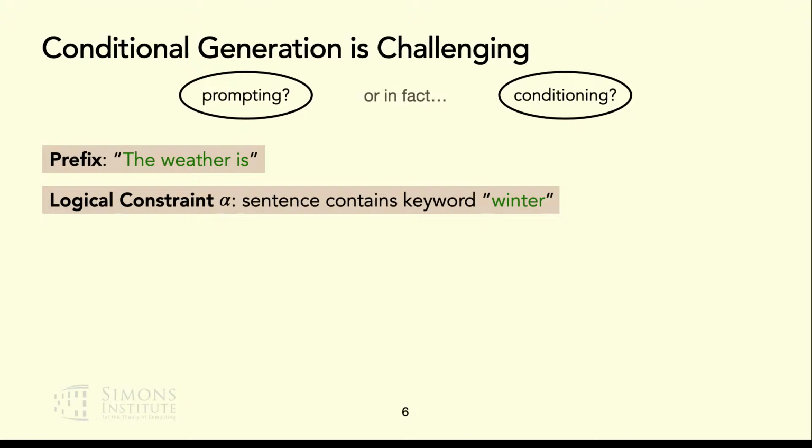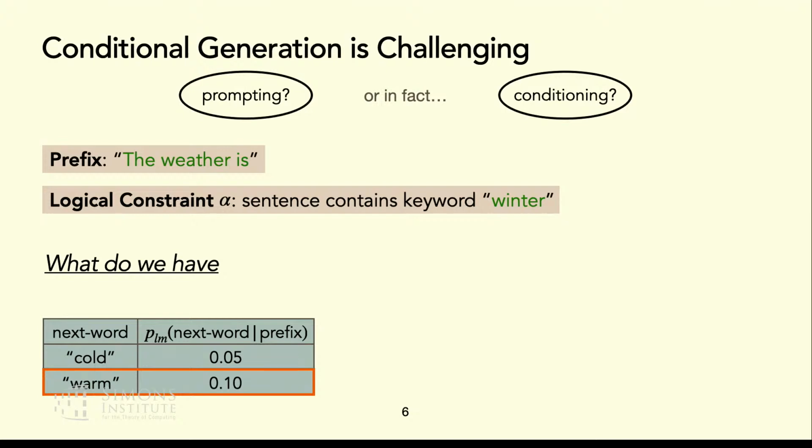What the language model gives us is the next token, next word probability. So basically, given "the weather is", it might prefer "warm" or "cold". Its prior distribution might want the weather to be warm.